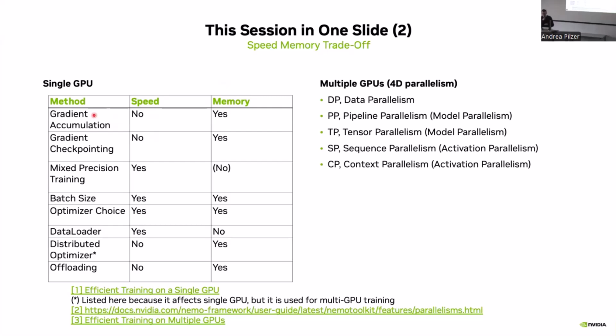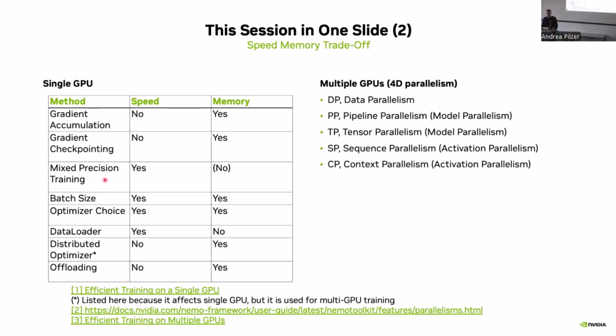You just accumulate the gradient and do the optimizer step at next time. There is gradient checkpointing, which means that you basically compute the activation for the next layer and then delete the previous one, so you save memory, but you will have to recompute this activation later to be able to compute the gradient in the backpropagation.